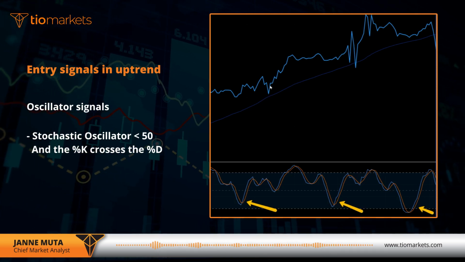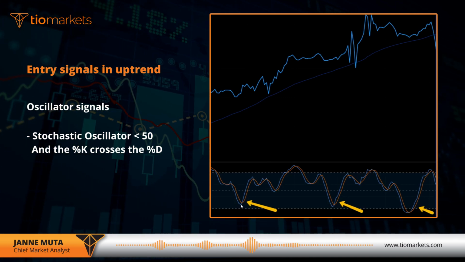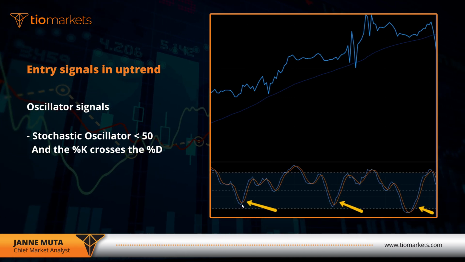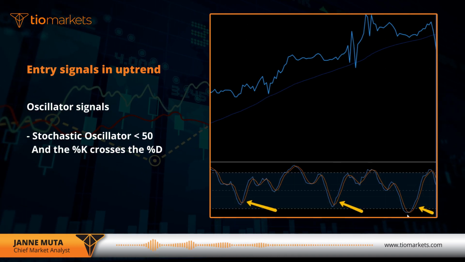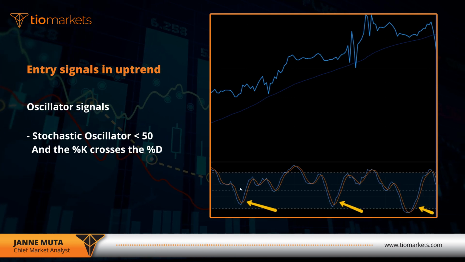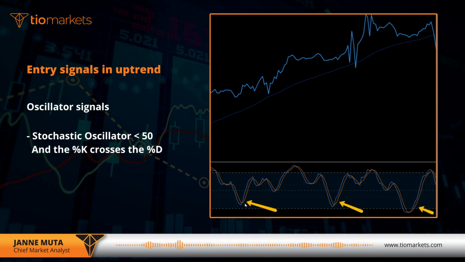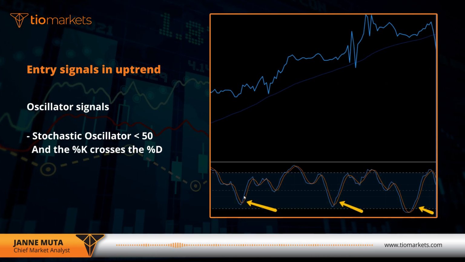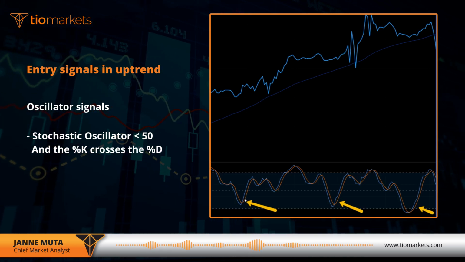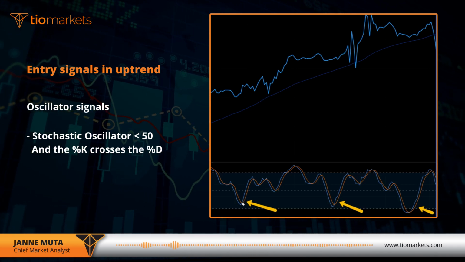The times when the stochastic oscillator goes into oversold territory in an uptrend are very rare. Like here it happens only once. But it goes below the 50 level quite often. And if we get the percentage K, the blue line, crossing above the percentage D, the red line, in the stochastic oscillator, then we have a signal.